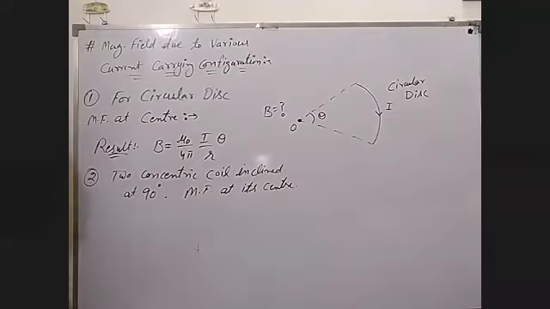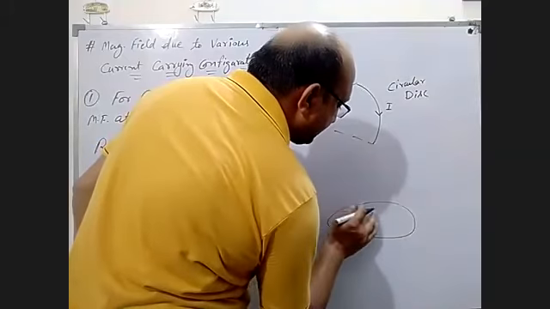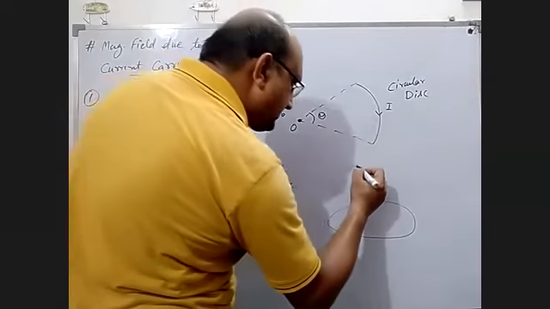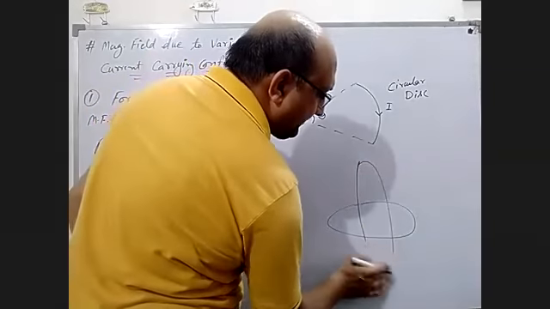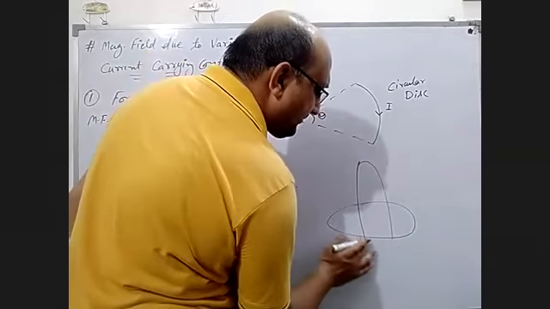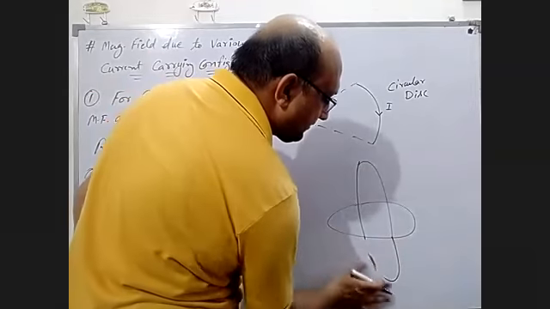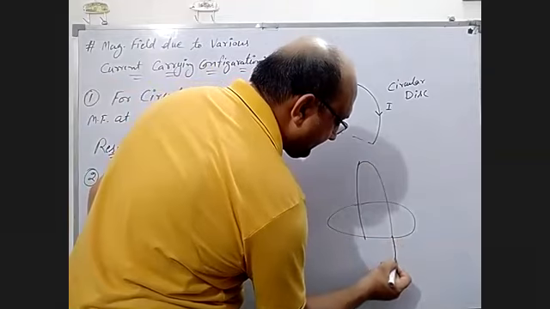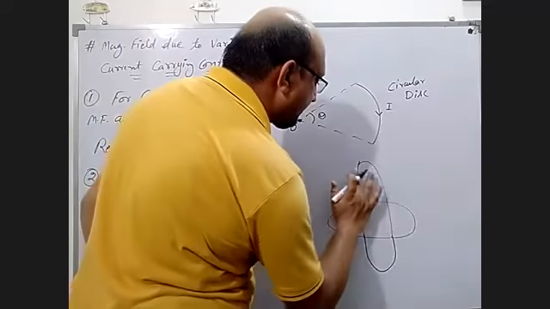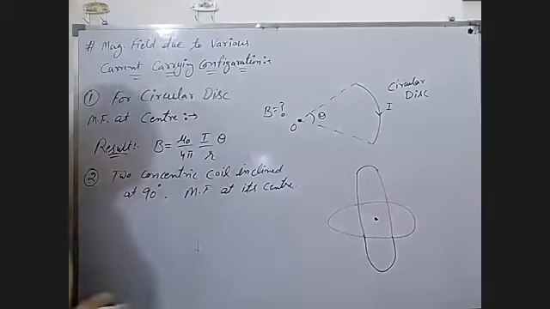Because the center is common, you can draw its diagram in this way. This is the first circle, suppose, and this is the second circle, and both have the same radius. And they have a common center.